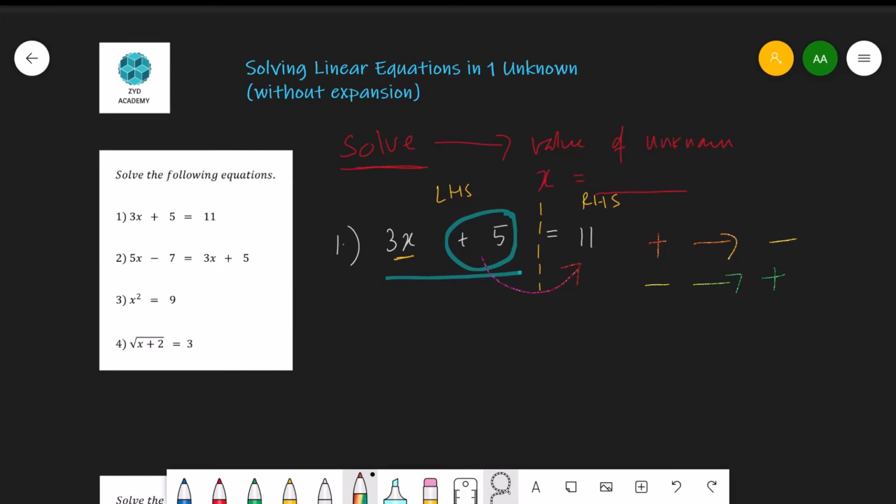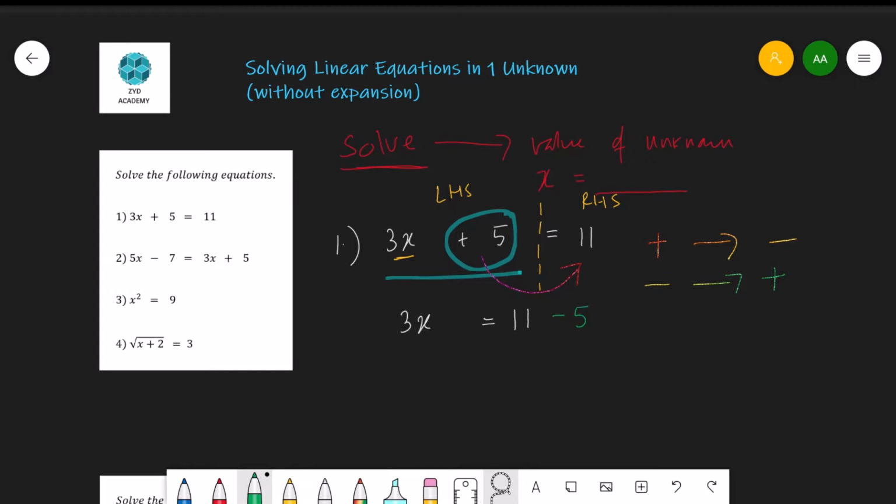So what happens here is this. 3x remains on the left hand side. What happens to this plus 5? We bring it to the right hand side, so there's no more of this plus 5. On the right hand side, originally we have 11, so this plus 5 now becomes a minus 5.